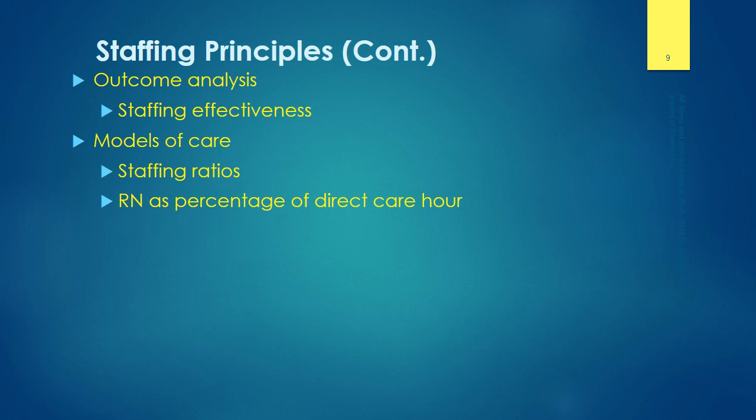More on staffing principles. Outcomes must be analyzed to determine staffing effectiveness. Models of care would include one based on staffing ratios. One might be based on the RN as a percentage of the direct care hour.